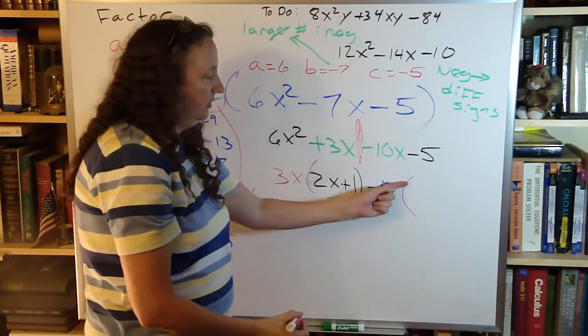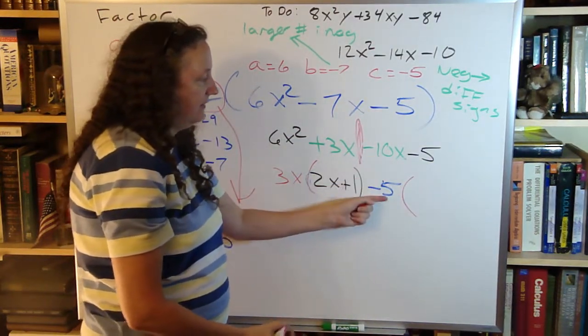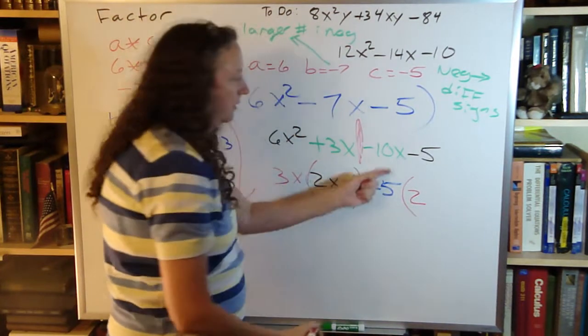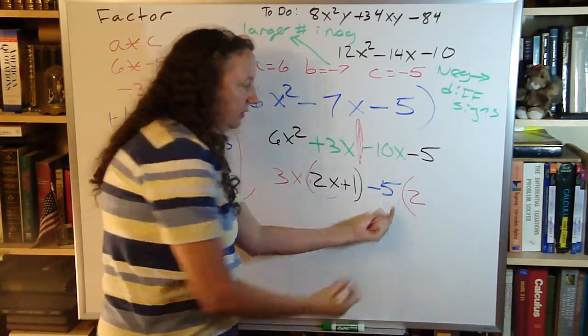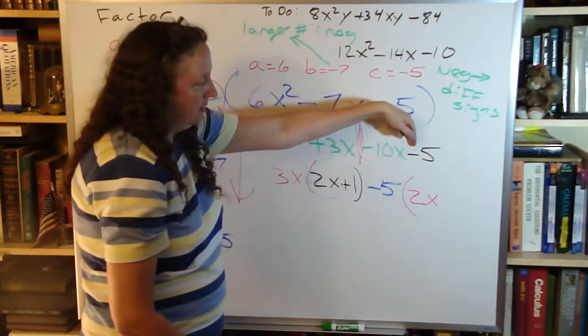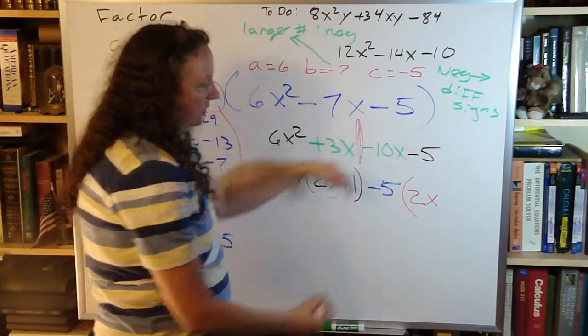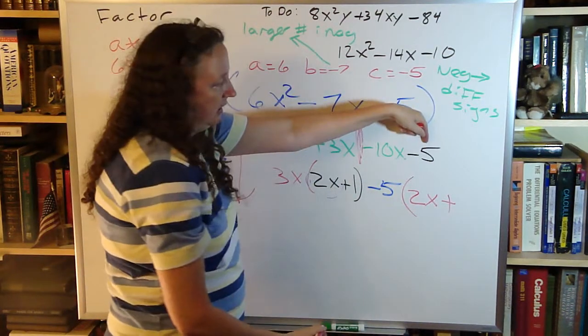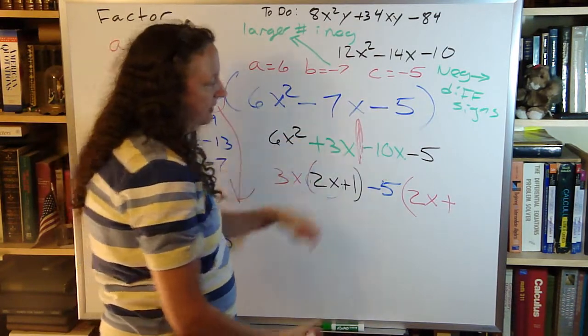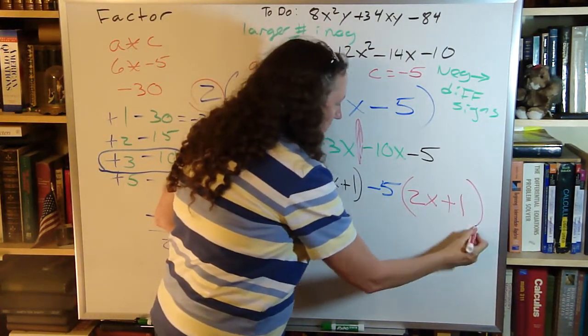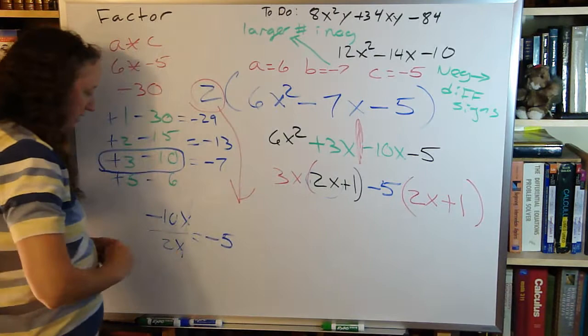Minus divided by minus is plus. 10 divided by 5 is 2. X divided by no x, x. Minus divided by minus is plus. 5 divided by 5 is 1. Reach the end.